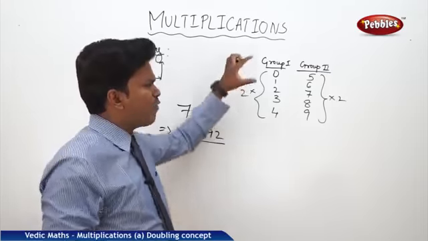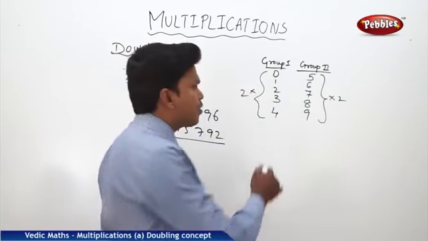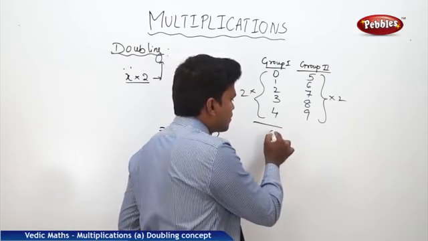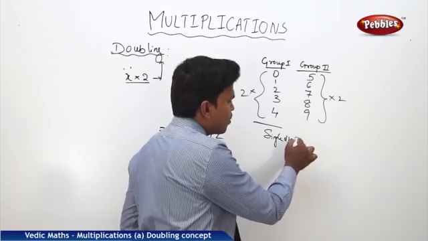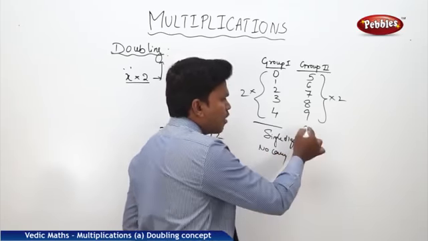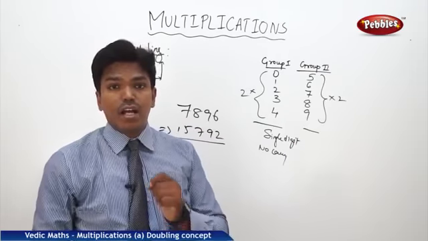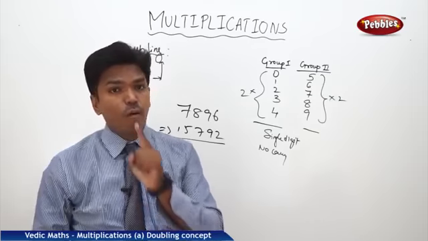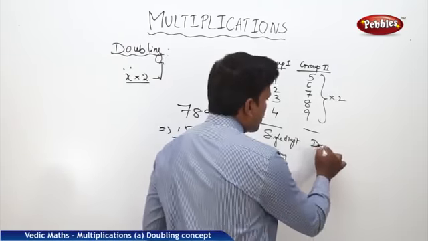If you multiply the digits of group 1 by 2, you get only a single digit answer. Yes or no? There will be no carry. But if you multiply the group 2 numbers by 2, you get double digit numbers with 1 as the maximum carry.